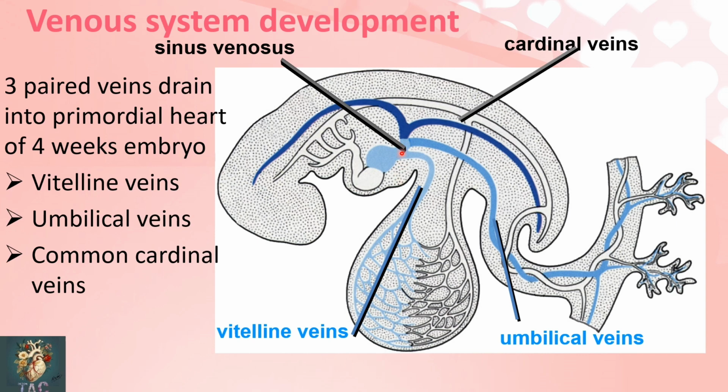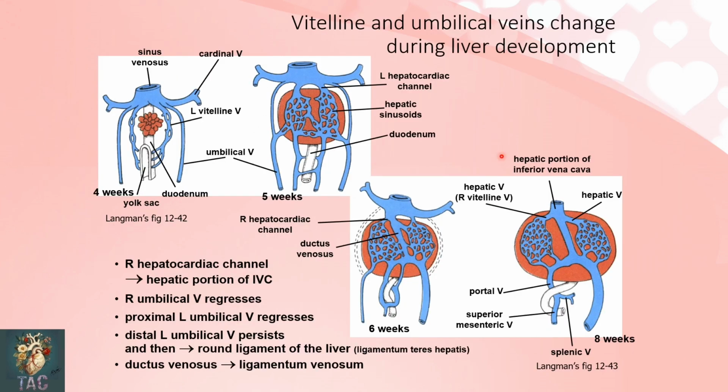Then there are modifications in these veins. In this diagram, you can see the left vitelline vein and the right vitelline vein. These are the umbilical veins, present on each side, and these are the anterior and posterior cardinal veins joining to form the common cardinal vein, and this is the sinus venosus. Initially, there is an anastomosis between the right and left vitelline veins around the duodenum.